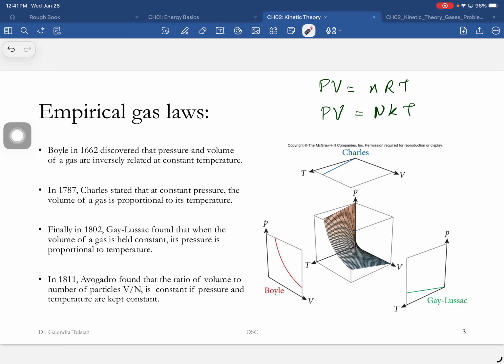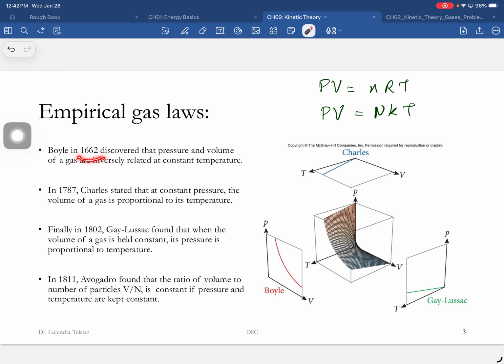Now this gas law was discovered over a period of time, between 1660 and 1800, over a span of 140 years, piecemeal. Each of those discoveries was because of the technology present that made it possible.